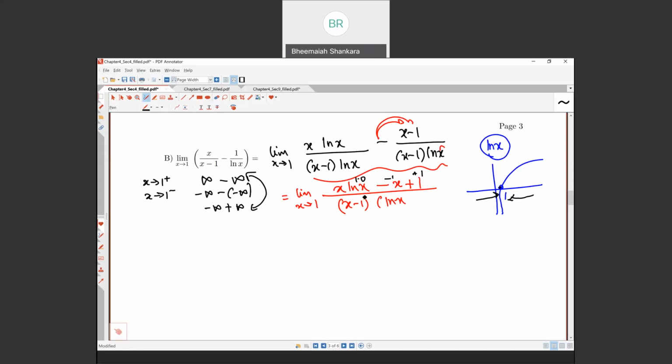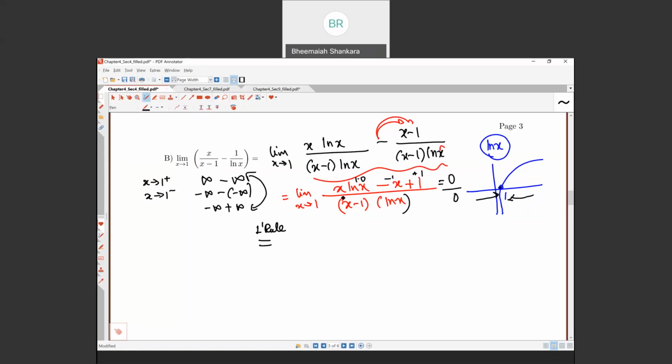So the first term is 0, and 1 minus 1 you can add as 0. Similarly, the denominator term will be 1 minus 1, which is 0, ln 1 is also 0, and 0 times 0 is 0. So now that you got the 0 over 0 form, you can apply the L'Hopital's rule.